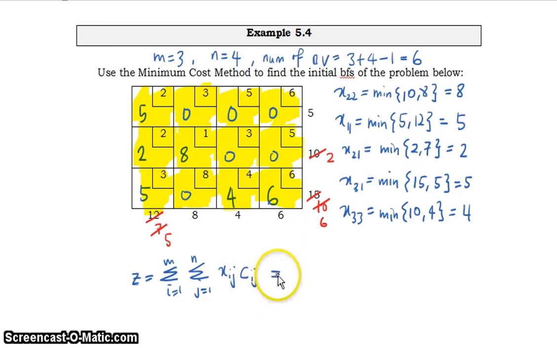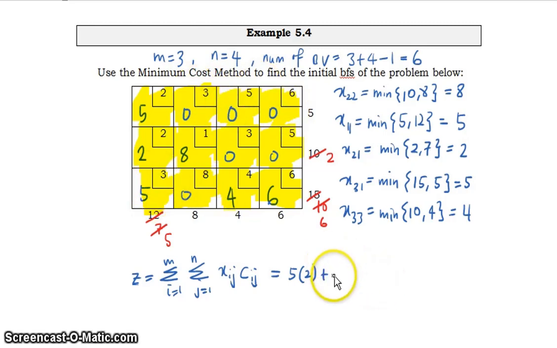So from here, the value of X11 is 5 times its cost of 2, plus 0, we ignore the NBV.